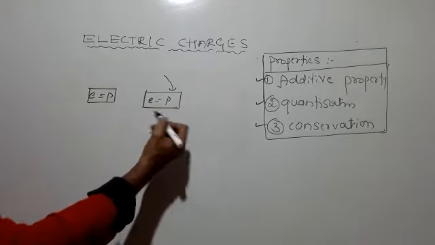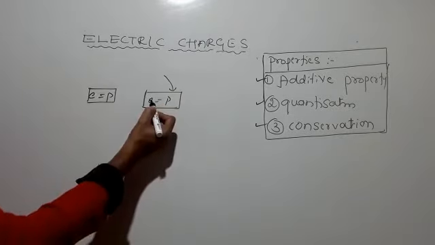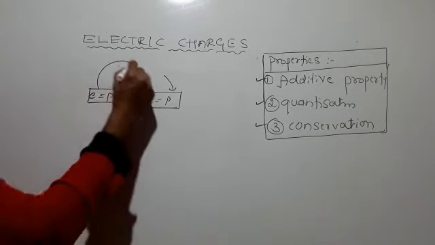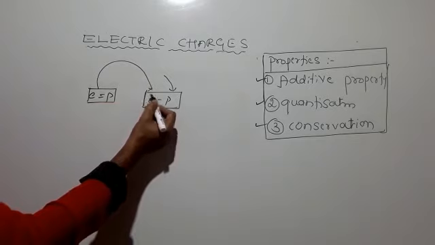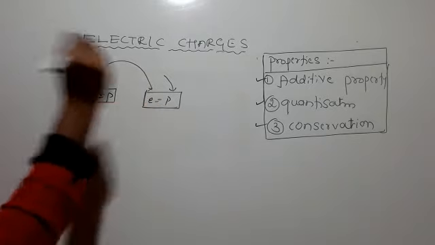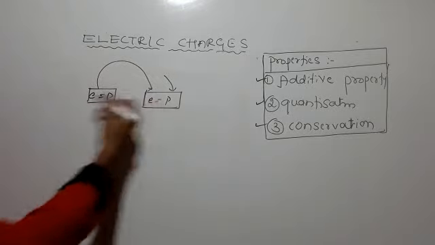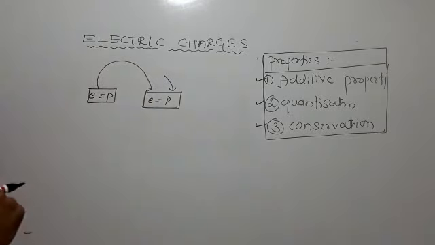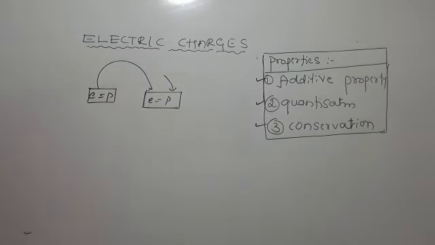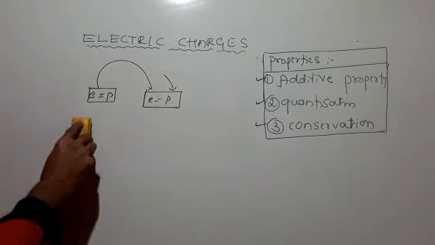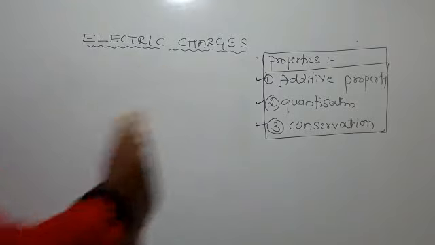It does not mean that we have created the electrons, because to add electrons here, we have to remove electrons from this one. Therefore, however many electrons increased here, the same quantity of electrons decreases there, so that the total electrons of the system remain constant. That is the law of conservation of charges. The total charge of a system always remains constant.